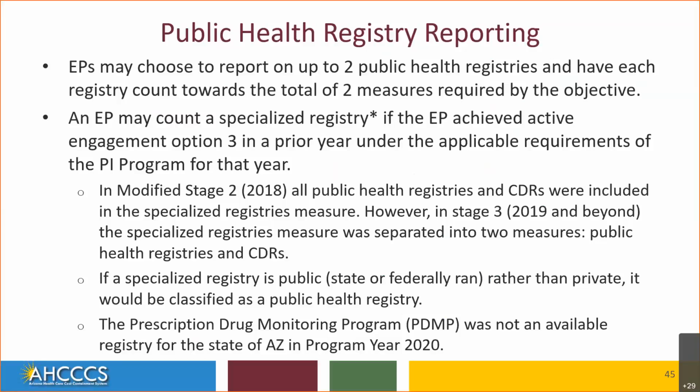However, in Stage 3, which is program year 2019 and beyond, the Specialized Registry measure was separated into two measures, the Public Health Registry, which we're currently talking about, and then the Clinical Data Registry, which is the next measure we'll talk about. If a Specialized Registry is public, so state or federally run, rather than private, it should be classified as a public health registry.